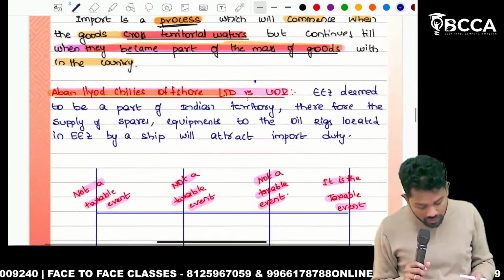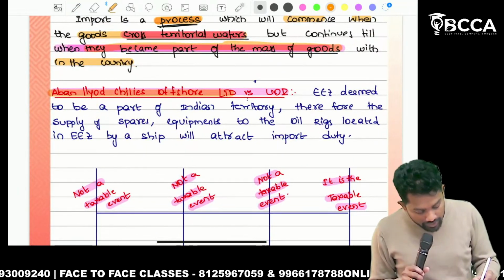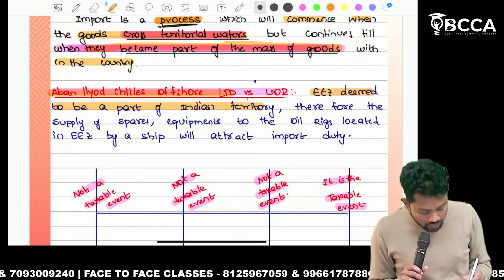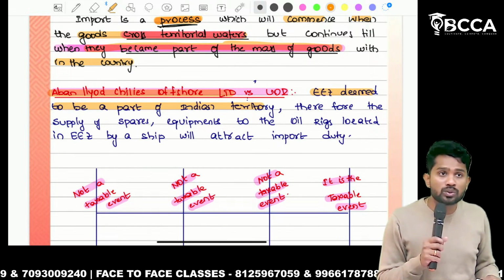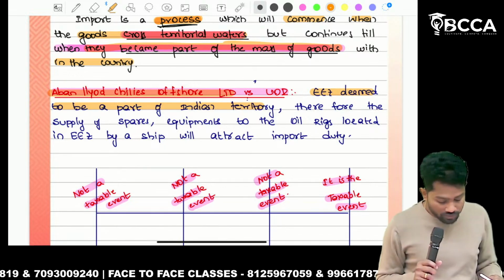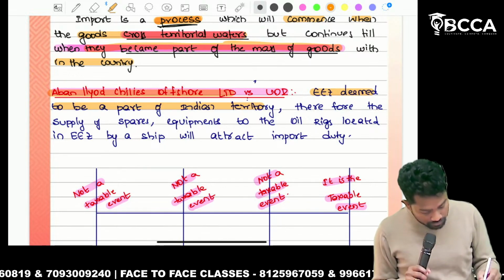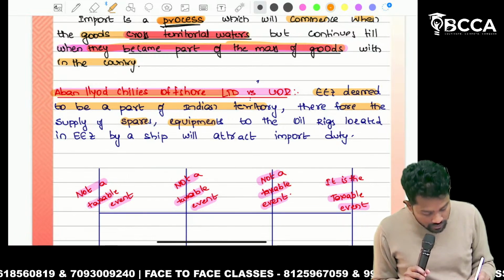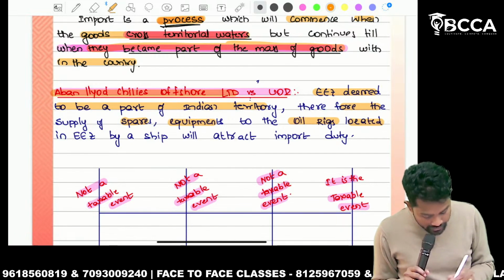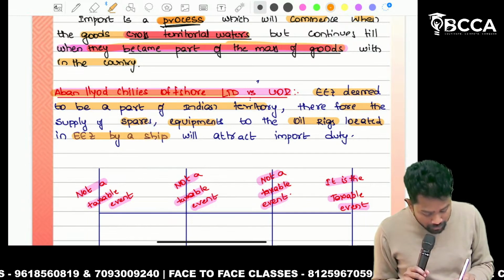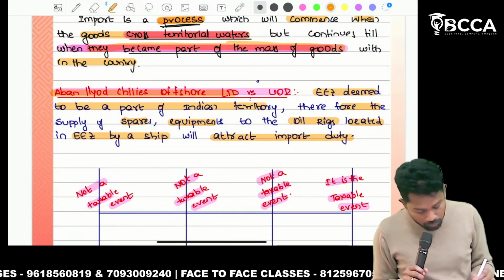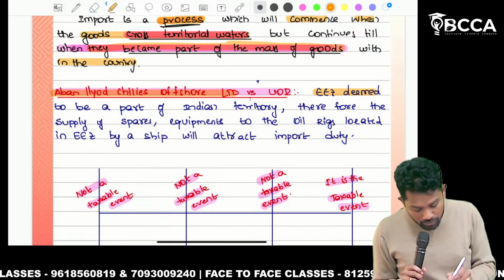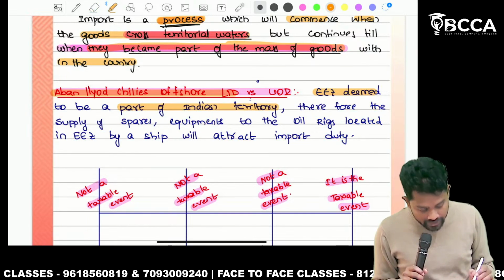Aban Lloyd Chiles Offshore Limited. Exclusive economic zones are deemed to be part of Indian territory.